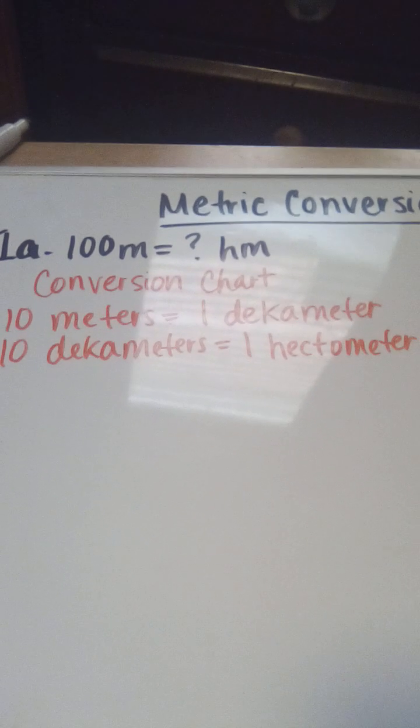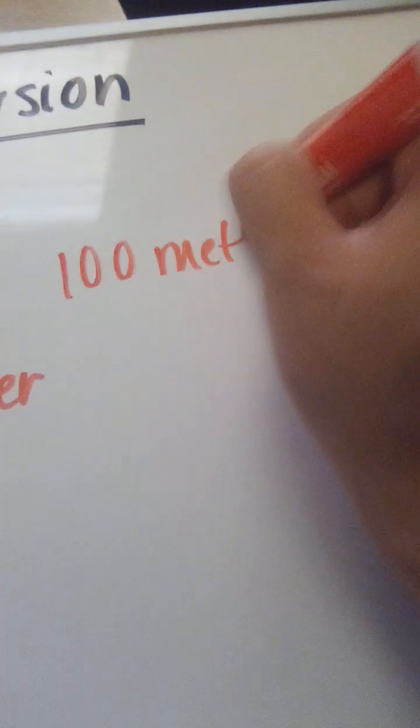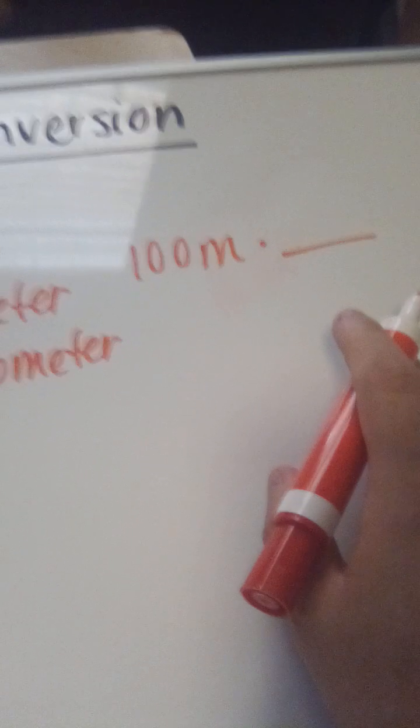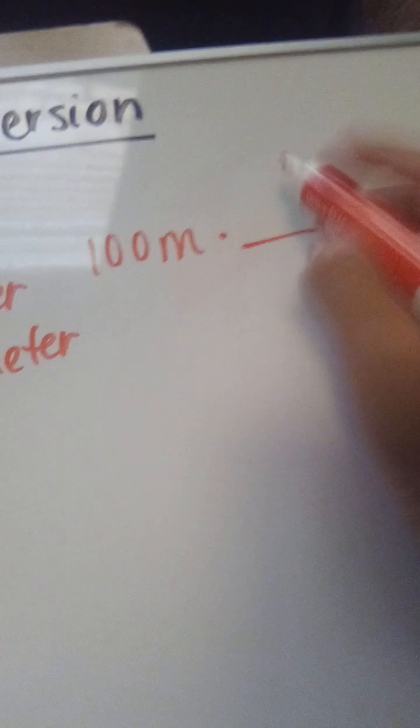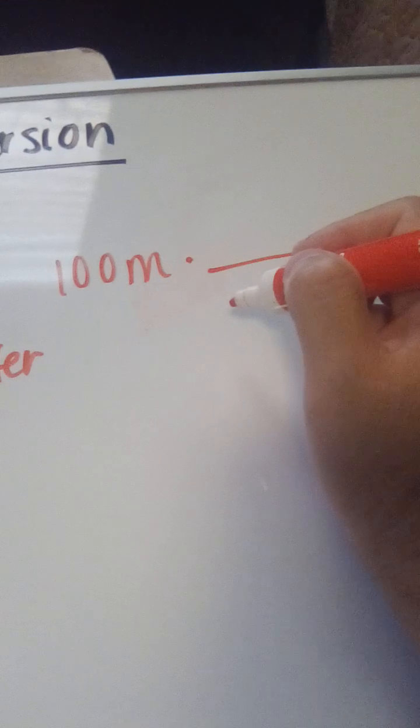I'm going to do every problem like this. I'm going to move a little further in. I'm going to put 100 meters, and I'm going to shorten it because I don't want to get cut off. Times, we're going to put this over a fraction. Is it 10 meters on top, 1 decameter, or 1 decameter over 10 meters?